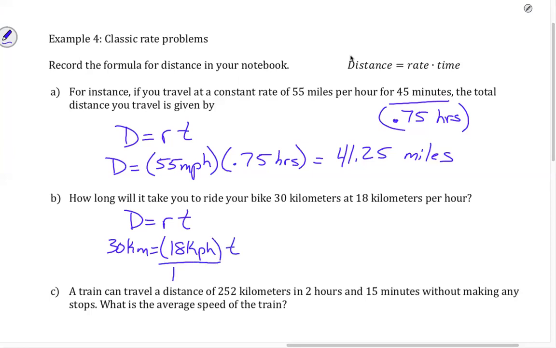So I have to divide here. So 30 divided by 18 is, let's see, 5/3 hours. So that would be 1 hour and 40 minutes. That's what I'm going with. 1 hour and 40 minutes.